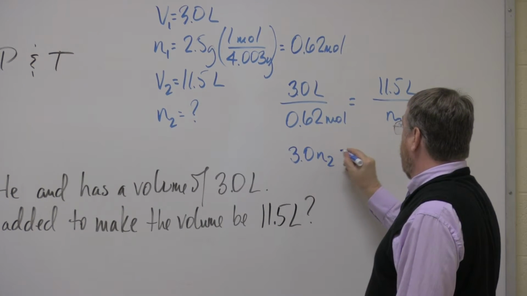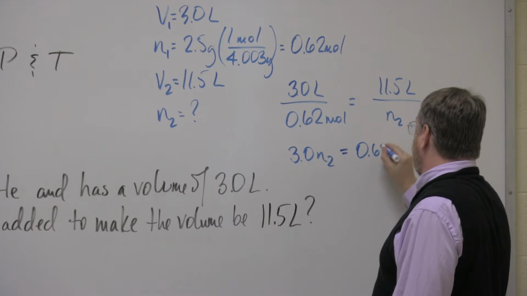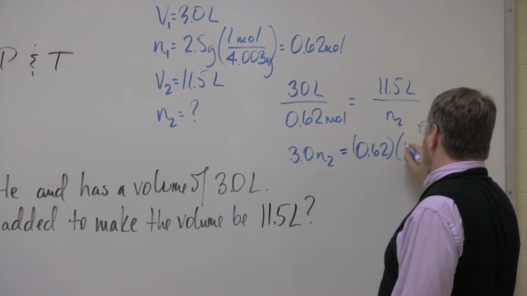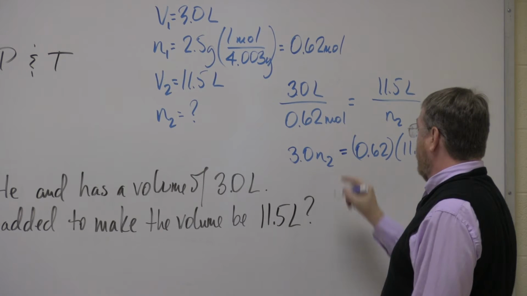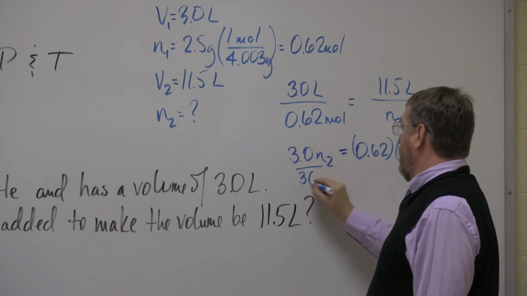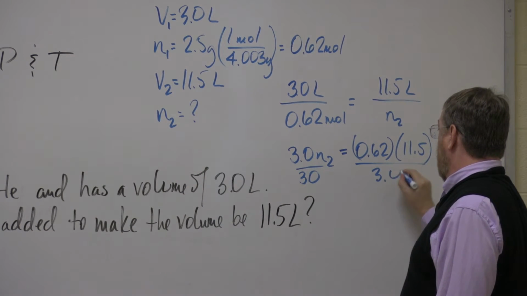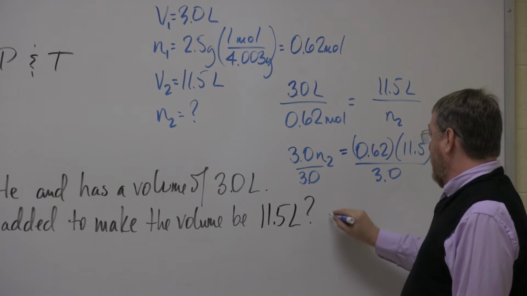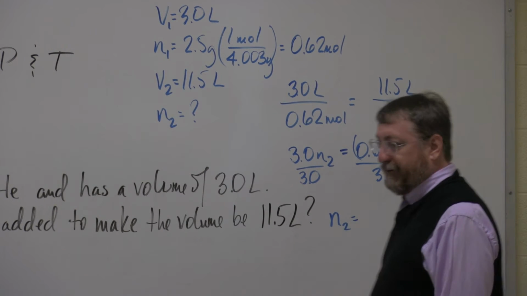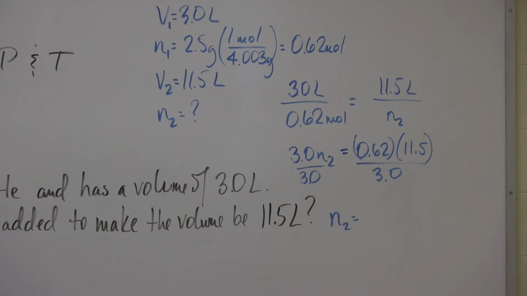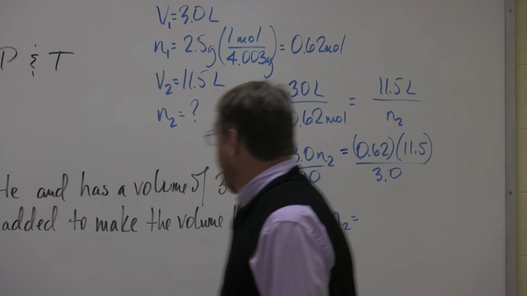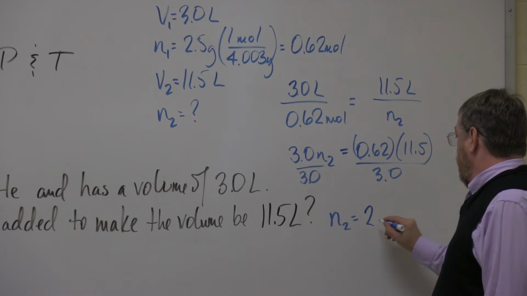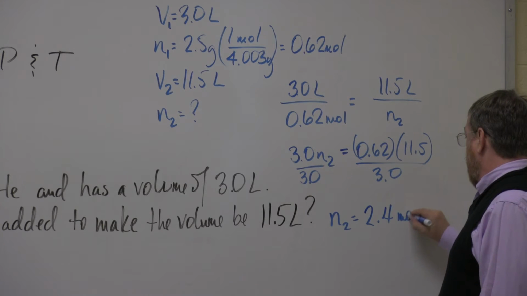So 3.0 N2 equals 0.62 times 11.5. Divide both sides by 3.0, and N2 equals 2.38 or 2.4 moles.